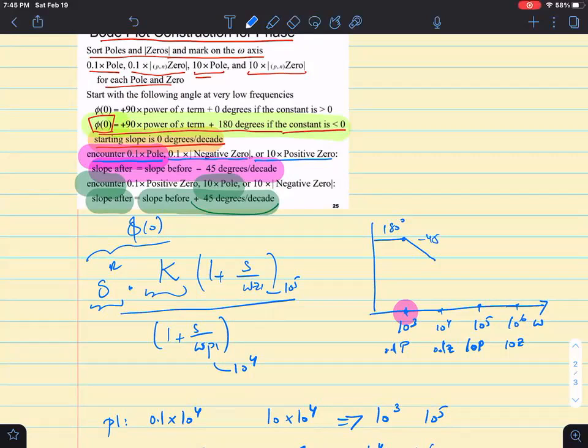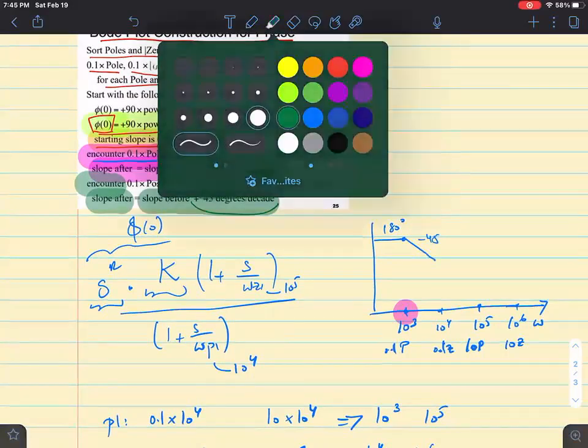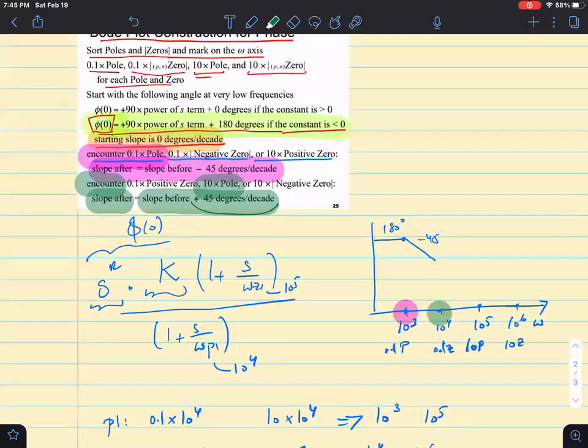Then the second time, I hit 0.1 of a positive 0, and my slope will be the slope before plus 45 degrees per decade. So minus 45 plus 45 flattens the slope, and it becomes 0.